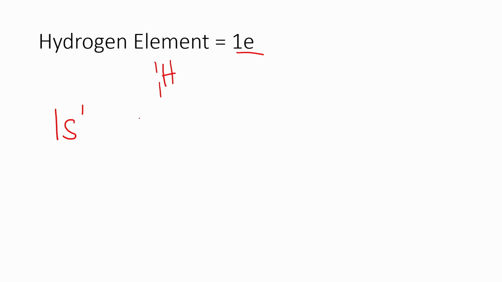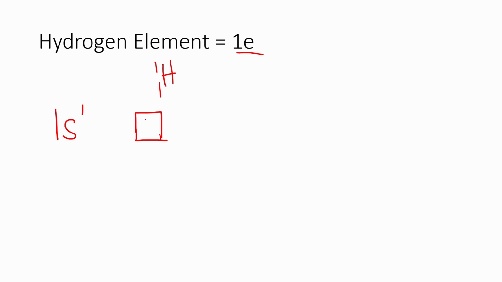And if you are going to represent that in boxes, s can only accommodate 1 orbital. You represent each orbital as a box, and each electron as an arrow. Remember our Pauli's exclusion principle: each orbital can only accommodate up to 2.